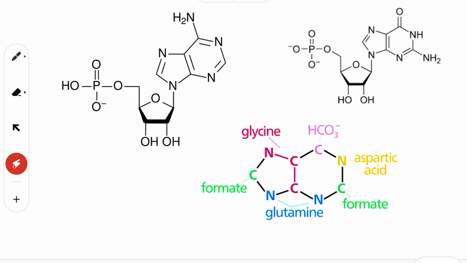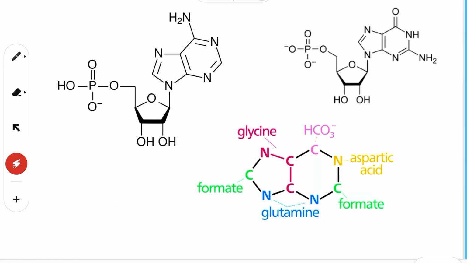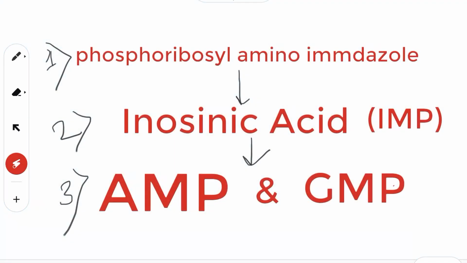So let us see the reactions of purine nucleotide biosynthesis. For simplicity, the biosynthetic pathway can be divided into three steps. The first is synthesis of phosphoribosyl aminoimidazole. Second is IMP synthesis, that is inosinic acid synthesis, and third is AMP and GMP synthesis.